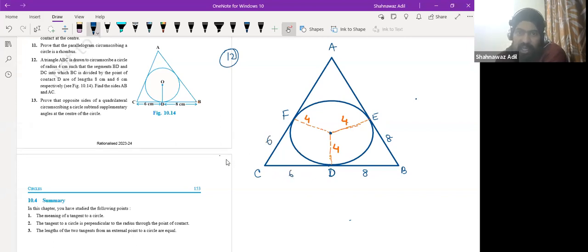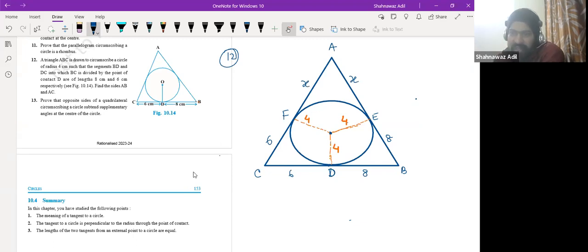Right. And now we have to find out AB and AC. Let us assume that this AE is X. So this would be again X, right?